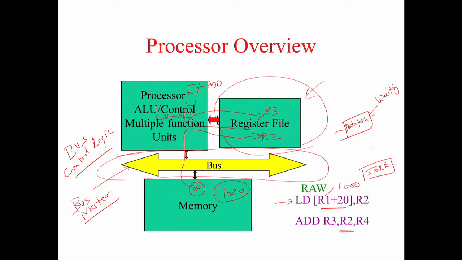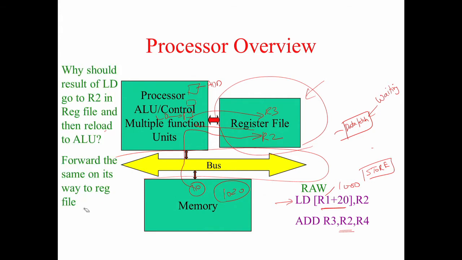Correct. Now the question is, why should the result of LD load go to R2 in the register file and then come back to the ALU? On its way from the memory to the register file, can't I take the value and keep it? Why should I spend extra time for it to go to R2 and then fetch it back again?